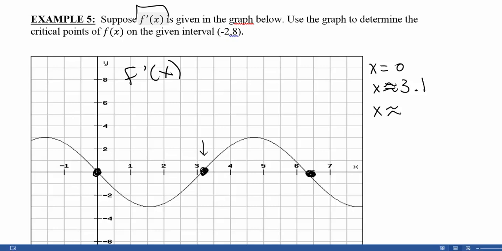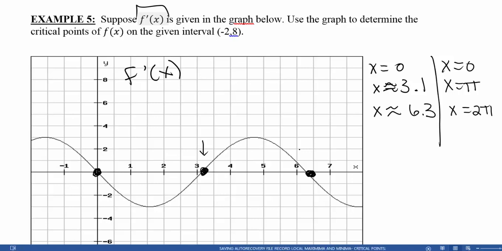And the third one is going to be approximately, let's say, 6.3. I suspect, and this is just a guess, that this is at pi and this is at 2 pi. But I'm estimating close enough. Pi is 3.1, so 3.1 or pi would be fine here.